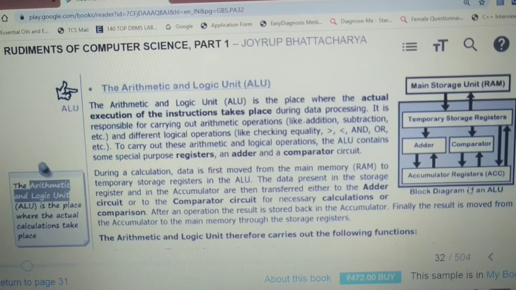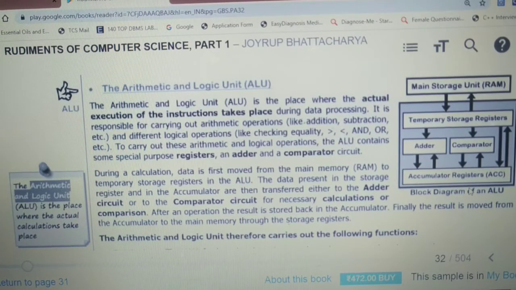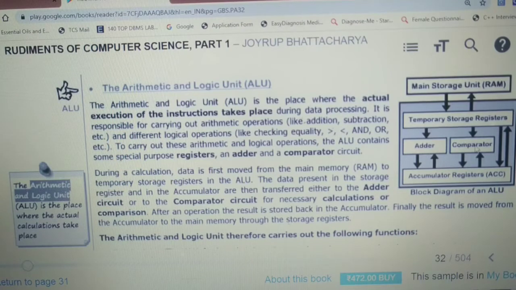Okay, to carry out these arithmetic and logical operations, the ALU contains some special purpose registers. Okay, so a special purpose register is there, an adder is there, and a comparator circuit is there. You are able to see over here, an adder circuit, a comparator circuit, and an accumulator register.